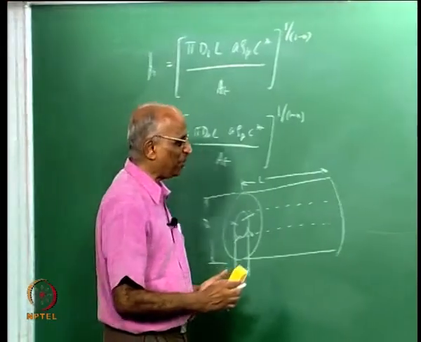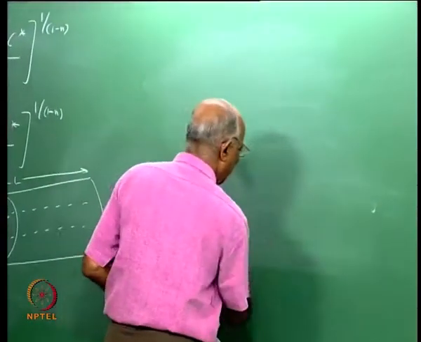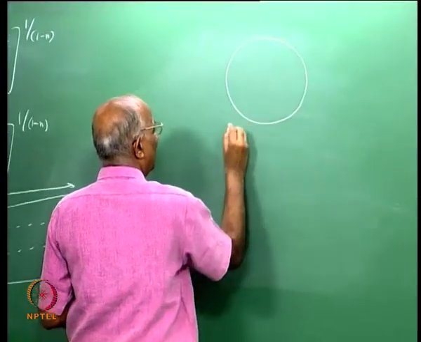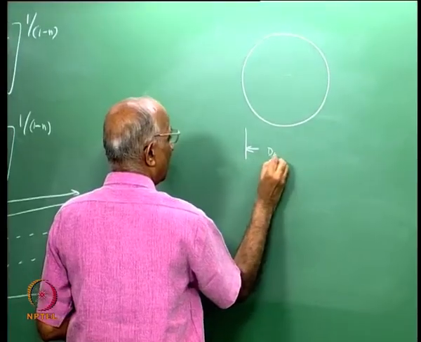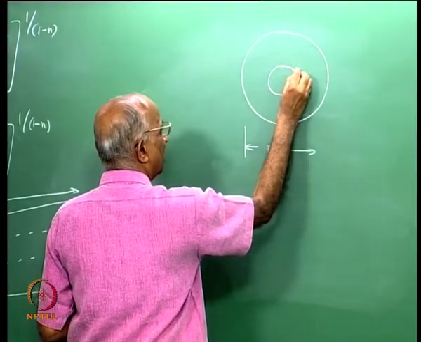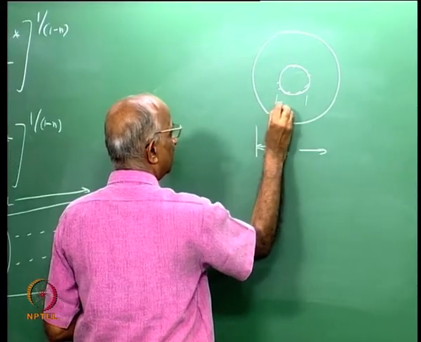Well, it is a simple problem. Let's do it in a minute. Let us say I have the outer diameter here, d_o. Here this is the initial diameter which we start with, d_i.